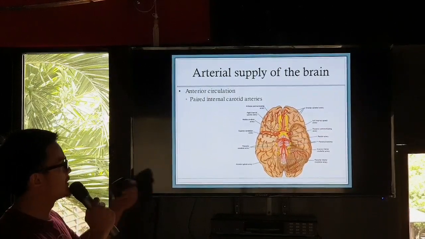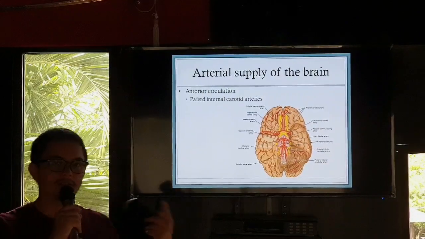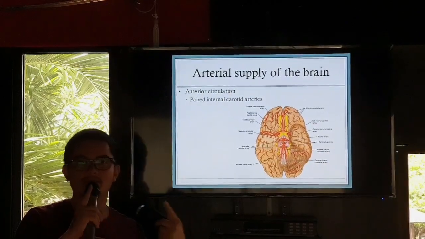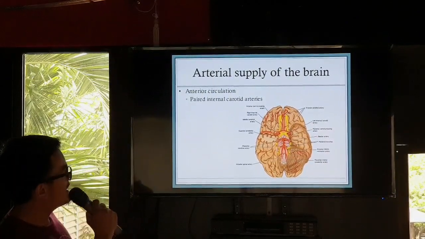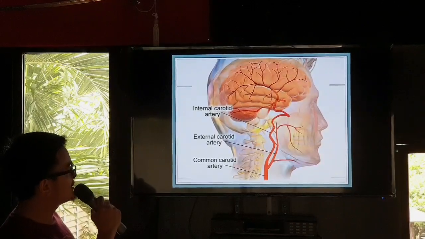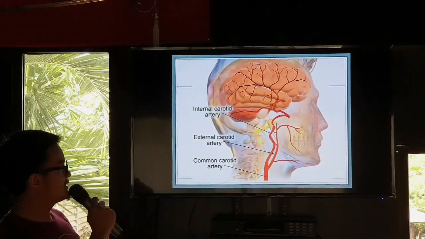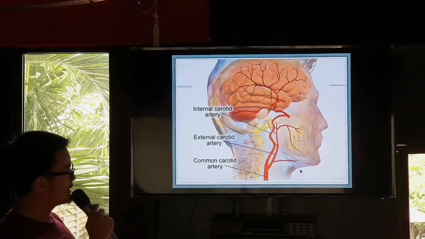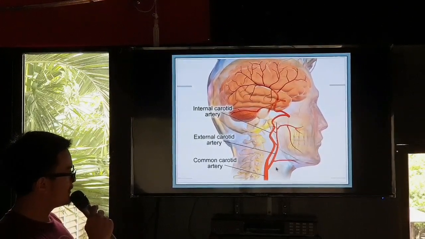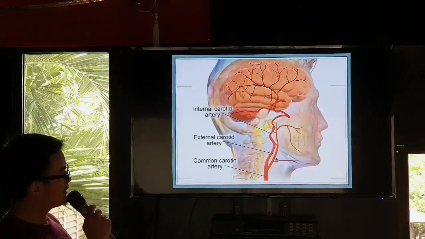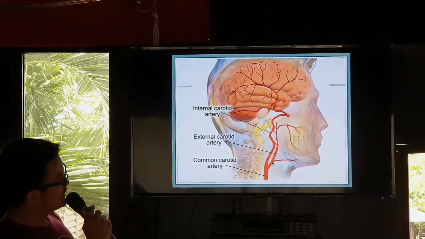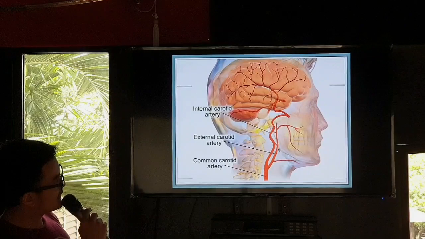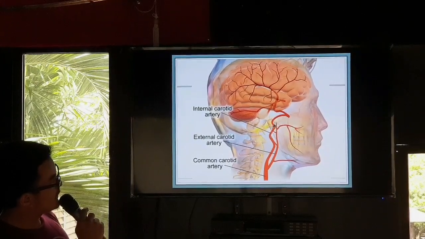The paired internal carotid arteries enter the carotid canal at the base of the skull, and they give rise to the anterior circulation. Here's an illustration. You have the common carotid, and about the level of the mandible, it divides into an external carotid artery and an internal carotid artery.